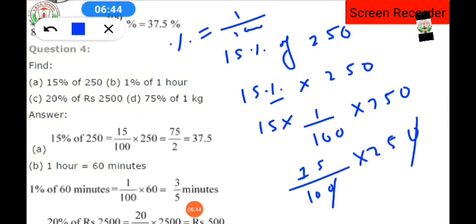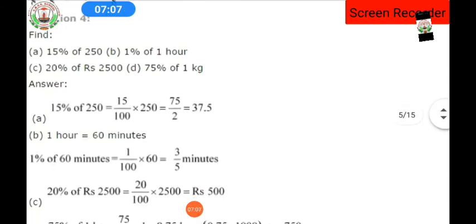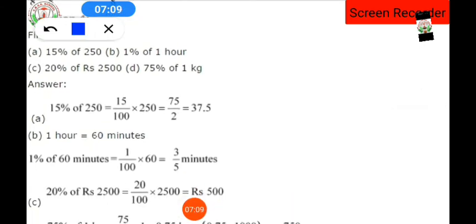The 0 from the numerator and denominator gets cancelled. 2 times in the table of 5, 5 times in the table of 5, so 5 fives are 25, and 75. Now 75 will be divided by 2, and you get the required answer as 37.5. So this is the answer. In this way you have to calculate. Understood everyone?